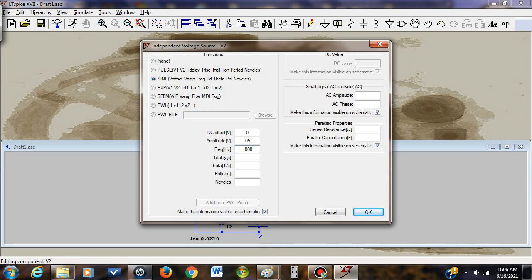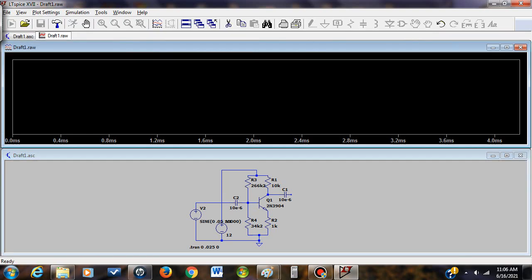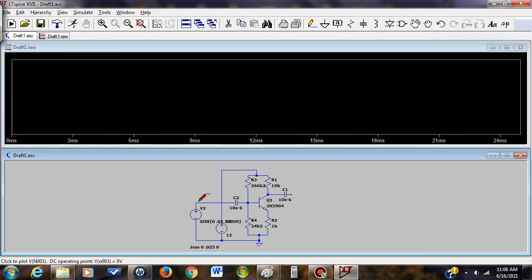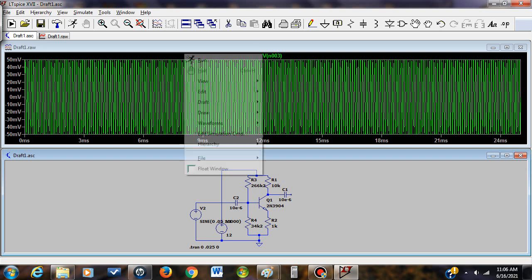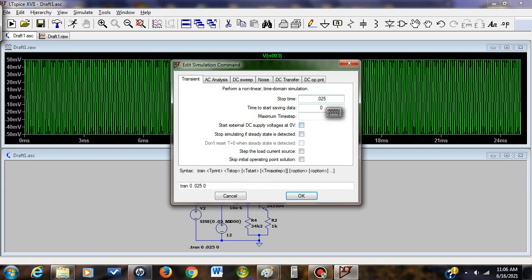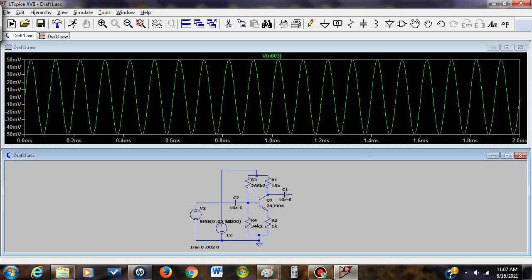Let's change the frequency to 10,000 just for the sake of it. And let me run this again. Okay, I still have to edit a little bit more, it seems. Okay, I adjusted it. And so now we're able to view the output here.